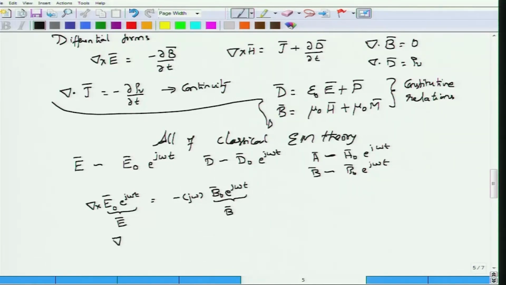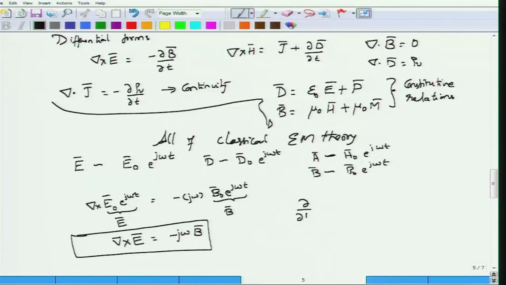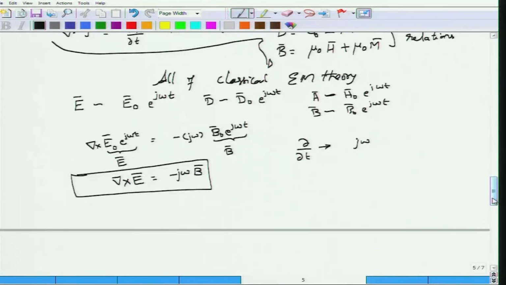So, the curl equation actually becomes minus j omega B, with the understanding that the electric field is pointing in a direction given by the vector E0, and it is varying with respect to time as a sinusoidal or cosinusoidal function of frequency omega. So, what really has happened is we have replaced the del by del t operator by multiplication by a factor of j omega.